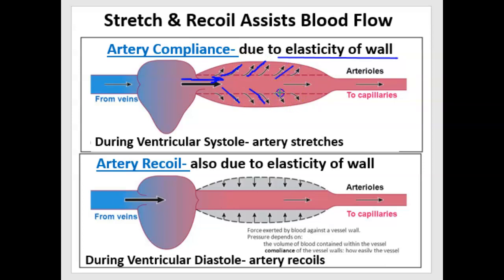It can take that. But then, of course, it recoils because those are elastic fibers that, when stretched, recoil. And so the recoil will push against the blood and help the blood move forward. It's pretty cool. Especially, we need that especially during ventricular diastole, so that the blood just doesn't stop moving when the heart's not pumping the blood out.